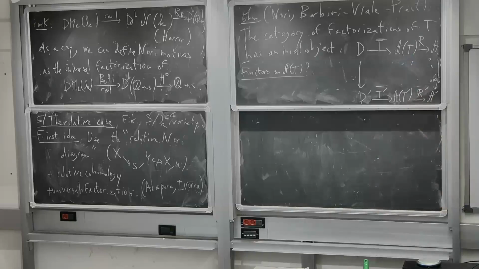Okay, so on the modern proof that I gave of Nori's factorization, it's pretty easy to show that the factorization is actually functorial in the representation. But this has to be an exact functor.